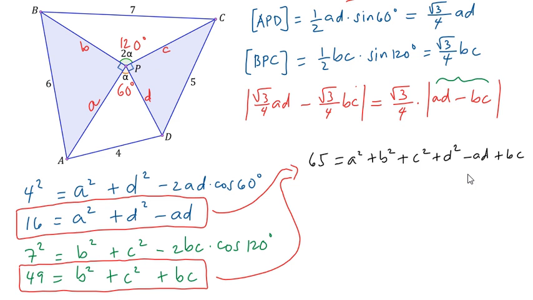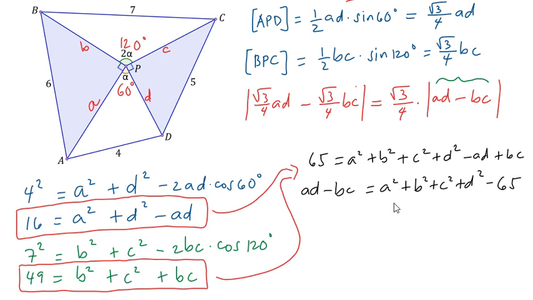Now let's solve for AD minus BC in terms of the other variables and constant. So we have AD minus BC equals a squared plus b squared plus c squared plus d squared minus 65.